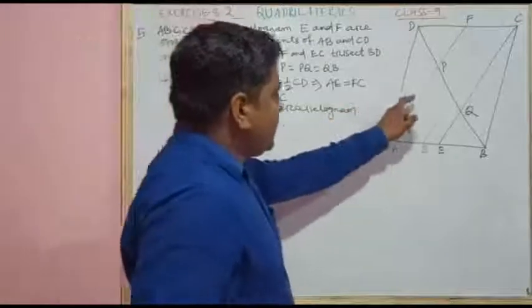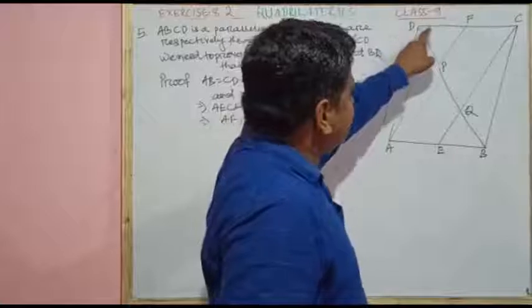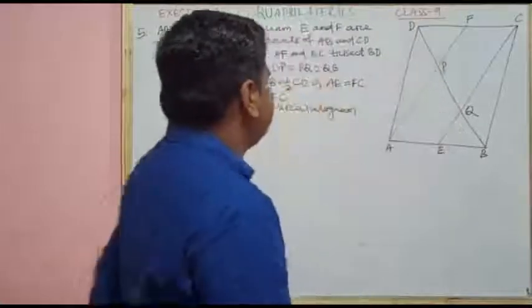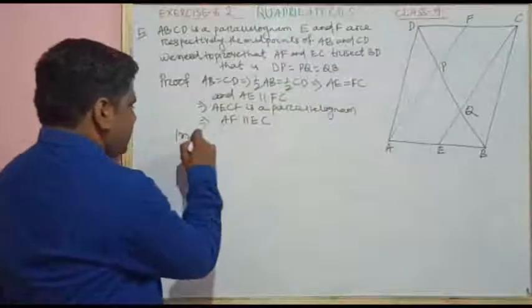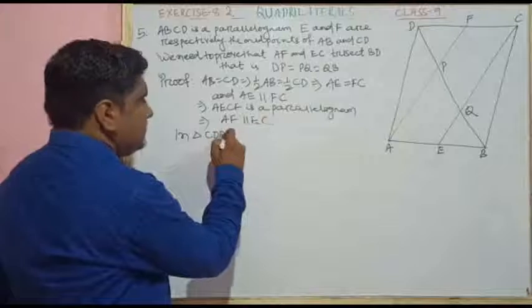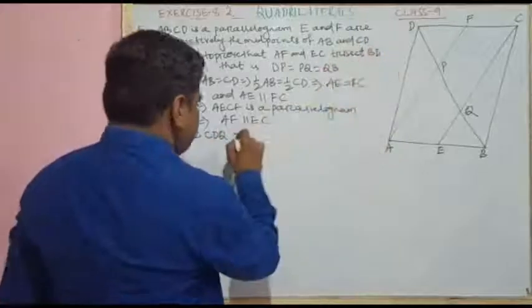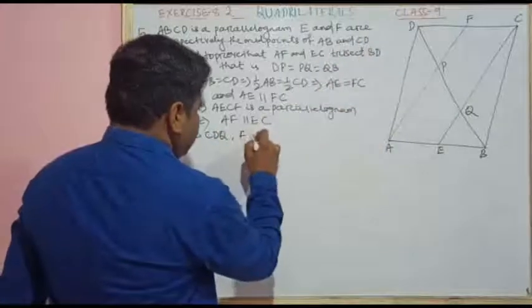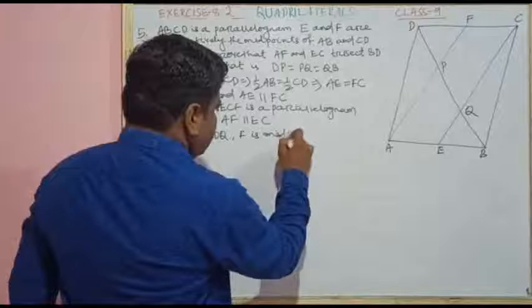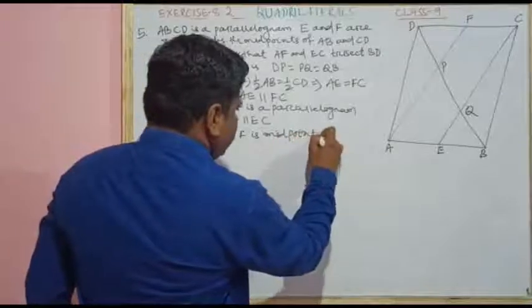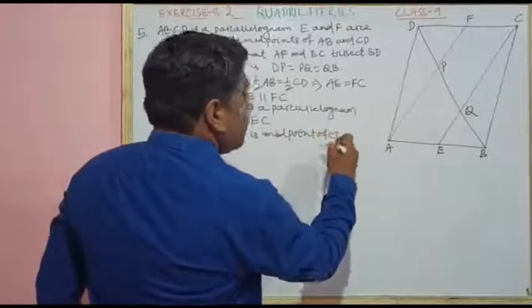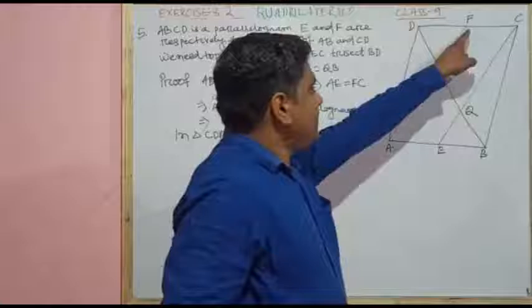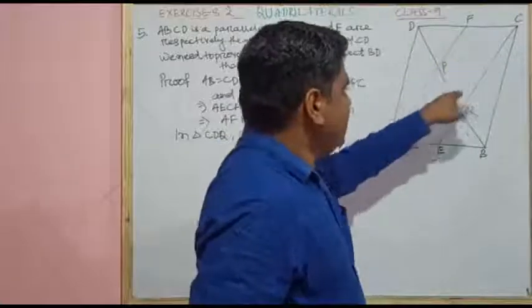So now in triangle CDQ, F is the midpoint of CD and FP is parallel to CQ.